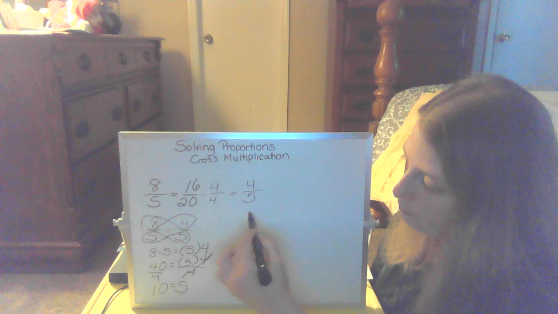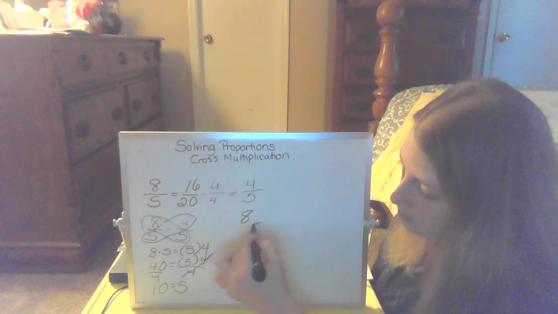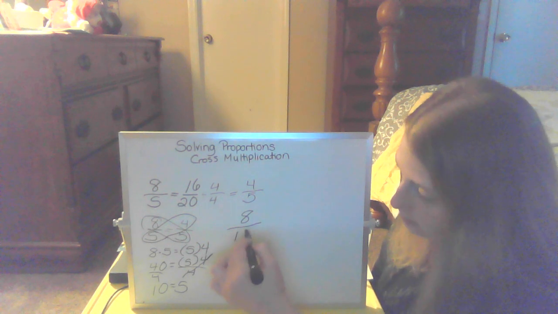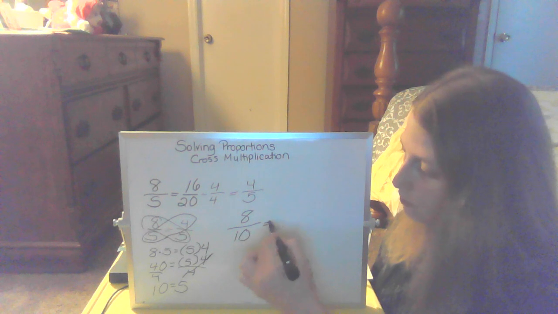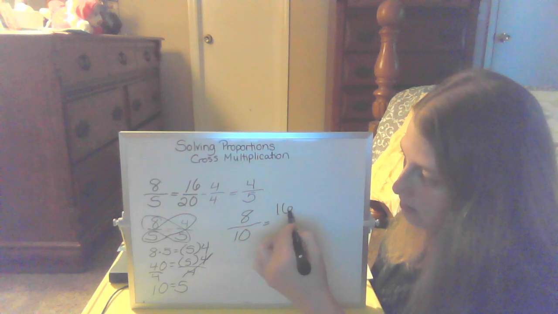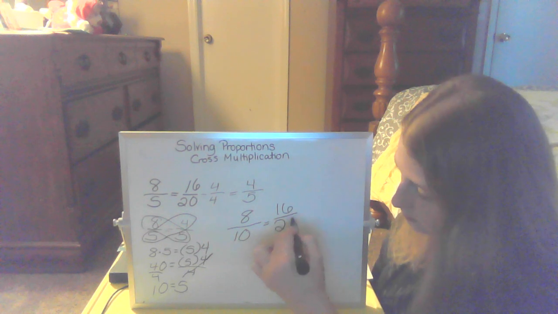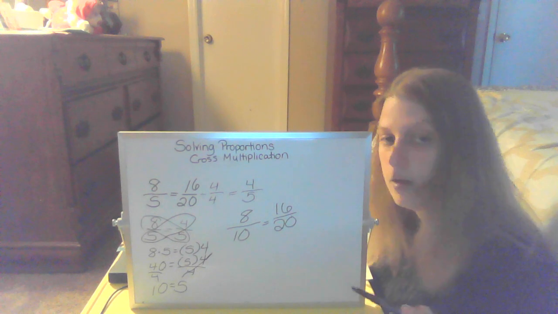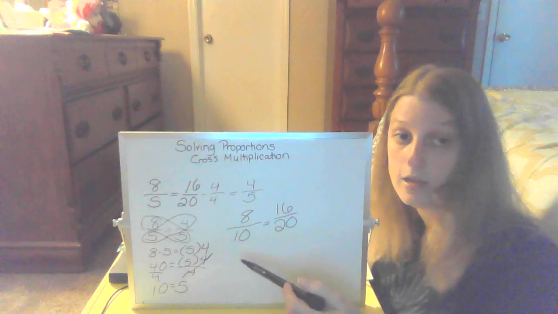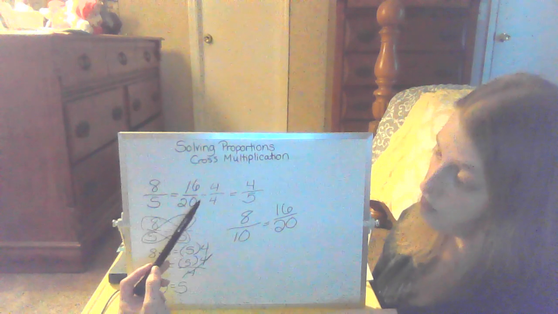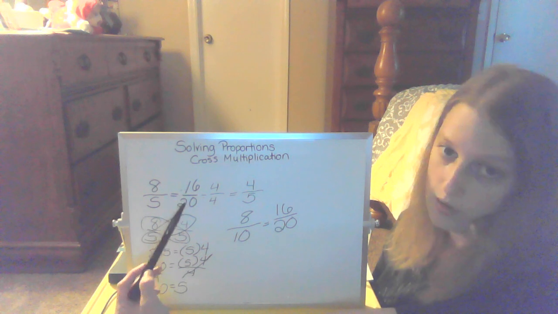So it would be 8 over 10 is equal to 16/20. And that's how that proportion is solved, by reducing our 2 numbers right here.